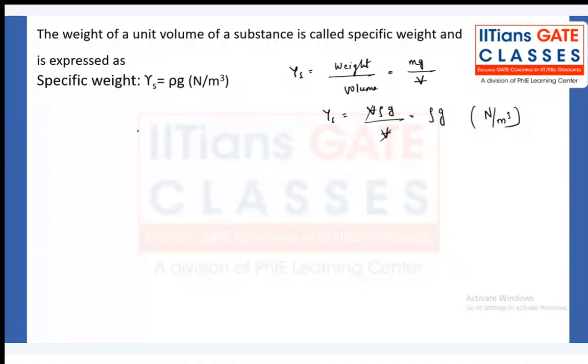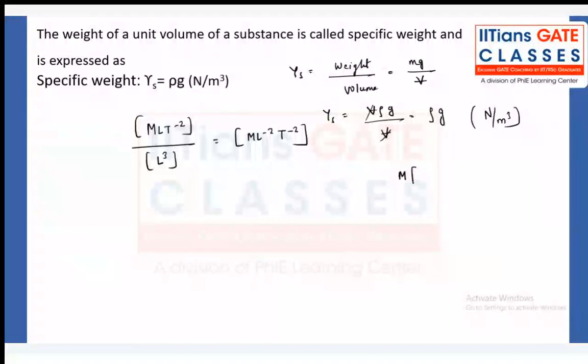If you write in dimension format, what should be the dimension for this? What is the dimension of weight mg? MLT minus 2. And what should be the dimension of volume? L cube. So it will be ML minus 2 T minus 2. How do we get MLT minus 2?